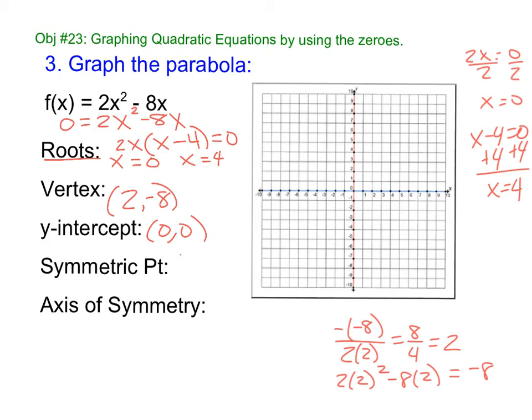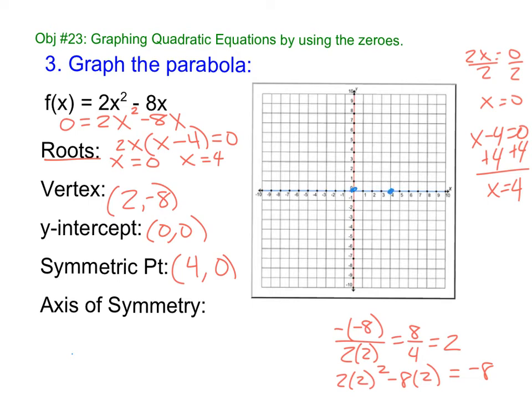The symmetric point, remember we double the vertex. So the vertex was 2. Double it, we get 4, and then 0. So actually notice, what do you notice? The roots and the y-intercept and the symmetric point, they're all the same. So we have a bunch of repetition here, but that's okay. So my roots are 0 and 4.